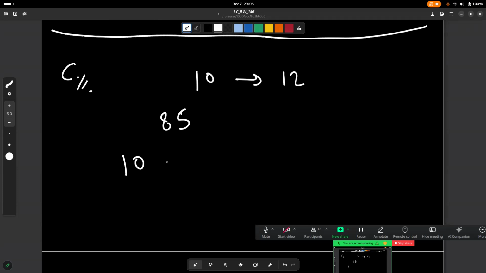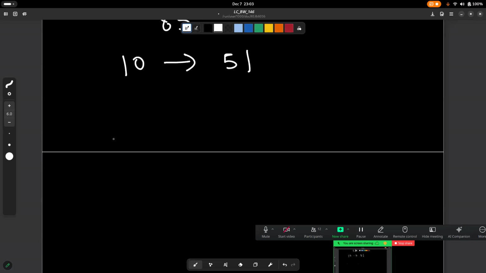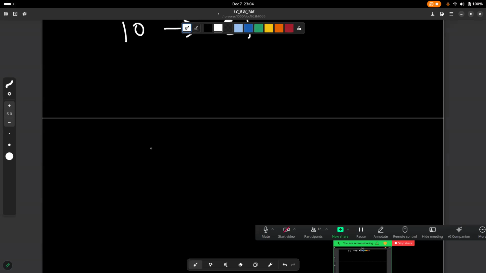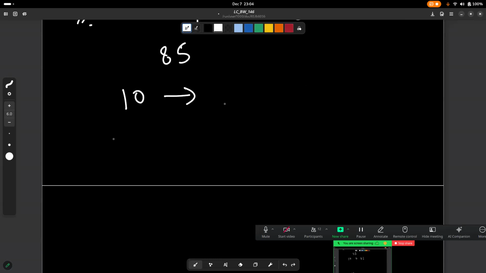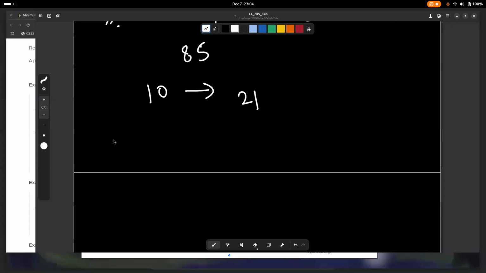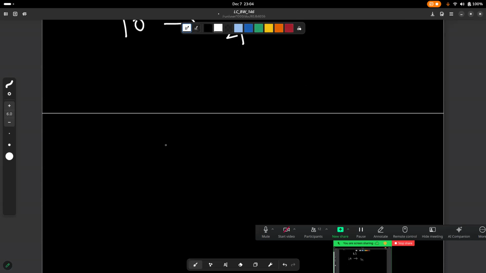You're going to convert 10 to 51. Okay. Or let's just consider an even smaller one. You're going to convert 10 to 21. So first thing, you have been given n equal to 10, m is equal to 21.